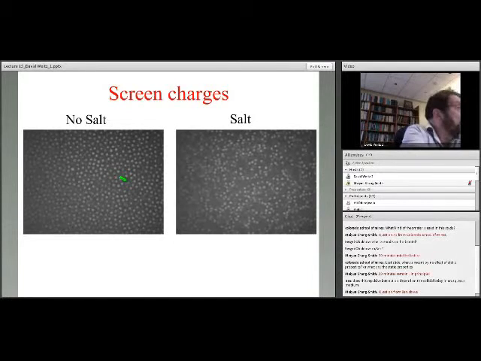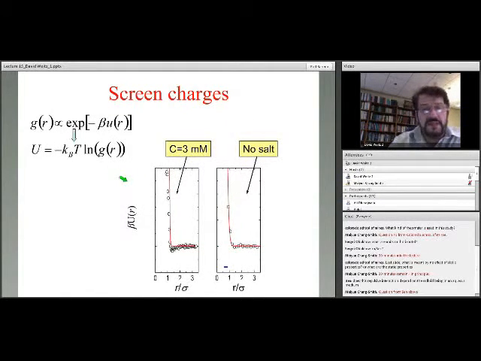So here is again just plotting the interactions, and you can see it's a little bit subtle, but if you look carefully at these two interactions, you can see that in the absence of salt, it's a somewhat longer range right down here compared to in the presence of salt, where there's a much sharper interaction. And that just reflects the nature of the interaction that's shown in those images.